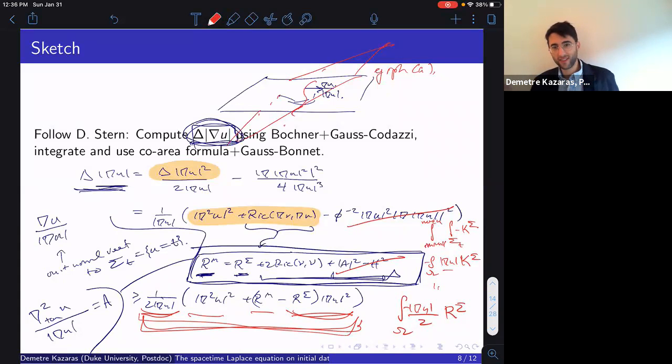The way in which the iterated integral differs from the bulk integral is by the norm gradient of the defining function of the level sets. Okay, now we're in a position to apply Gauss-Bonnet to that interior integral to recover 2 pi times the Euler characteristic of the level set. Okay, this is the idea of Daniel Stern to do this whole thing I described here.